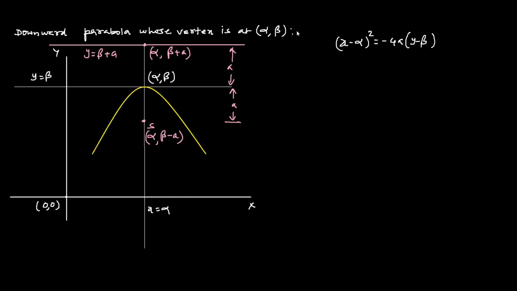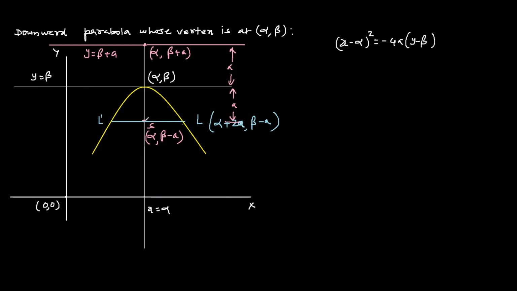Now we have the latus rectum, and the endpoints of the latus rectum are L and L dash. Now we can write the coordinates of the points L and L dash. At point L, the x-coordinate is alpha plus 2a, the y-coordinate is beta minus a, because the SL distance is 2a.